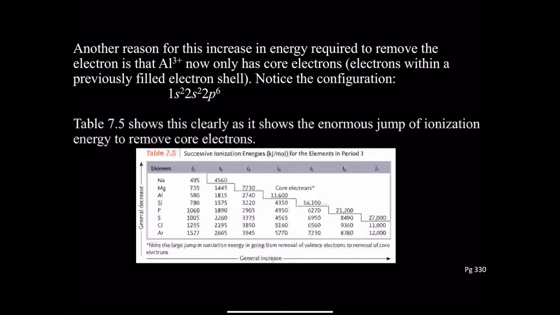Where that little stair-step line is, for various elements, the increase of energy required is pretty vast, right? You're jumping by several thousand kilojoules per mole in every case, rather than just a jump of maybe a couple hundred or maybe 1,000 or so. So there's an example of the energies required to remove those.